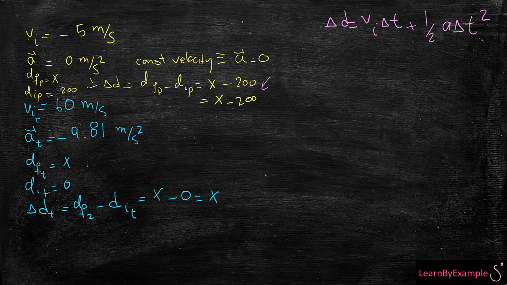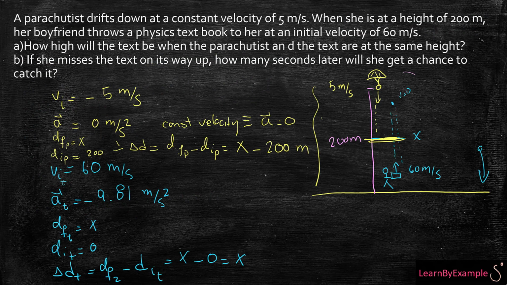I know my initial velocity over here, and I also know what the acceleration is for the parachutist. So I can actually use this equation for the parachutist to solve for t. And what does this t give me? t is the time that the parachutist and the textbook meet at the height of X.